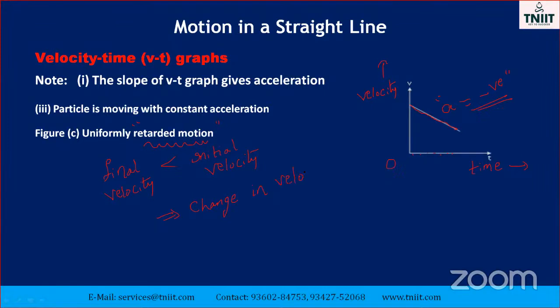If you find the change in velocity, that change in velocity will be negative. Since the change in velocity is negative, you can tell the acceleration is also negative. So this negative acceleration is considered as retardation. Because of that reason only, it is considered as a retarded motion. Got it?